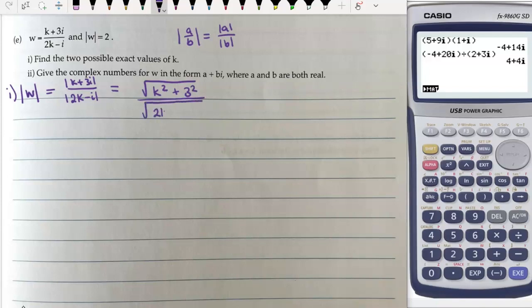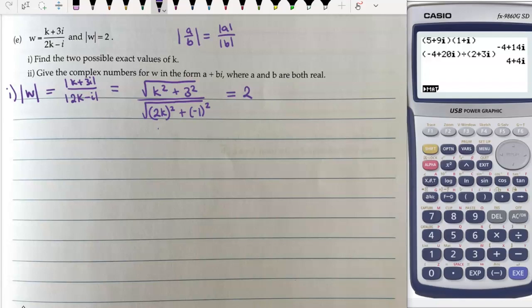So the real part is 2k being squared. Make sure you square all of it, not just the k. And then the imaginary coefficient is a minus 1. So we're setting this to be equal to 2 from our equation. We can square both sides so that we get rid of the square root symbols.